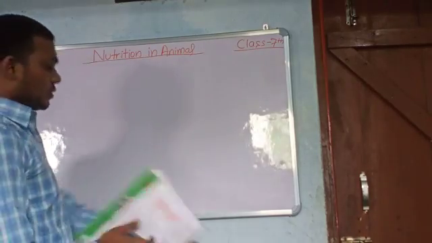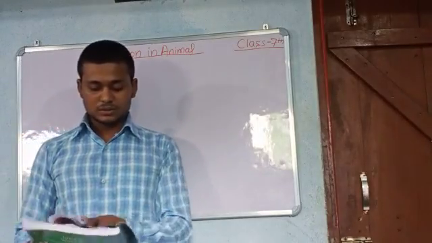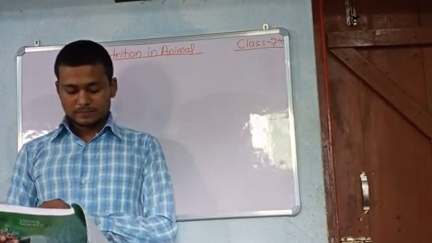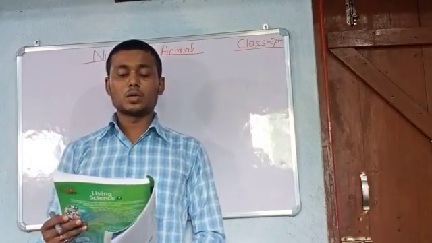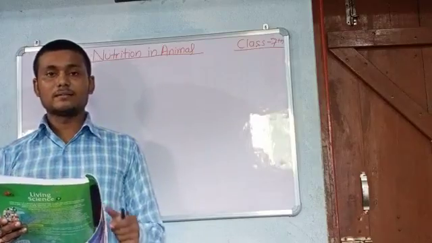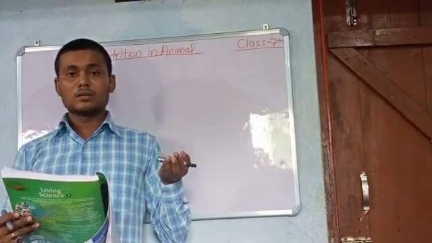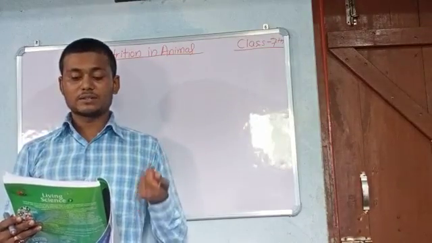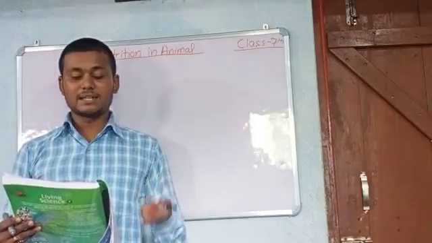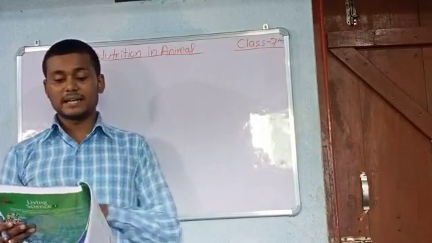Okay, so in the previous lecture we discussed the human digestive system, in which we talked about the alimentary canal, which is the mouth, food pipe, esophagus, stomach, small intestine, large intestine, rectum and anus as parts of the alimentary canal.